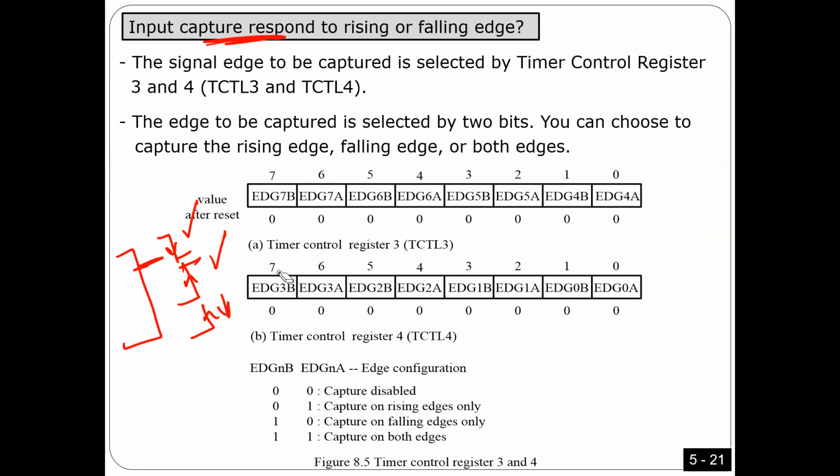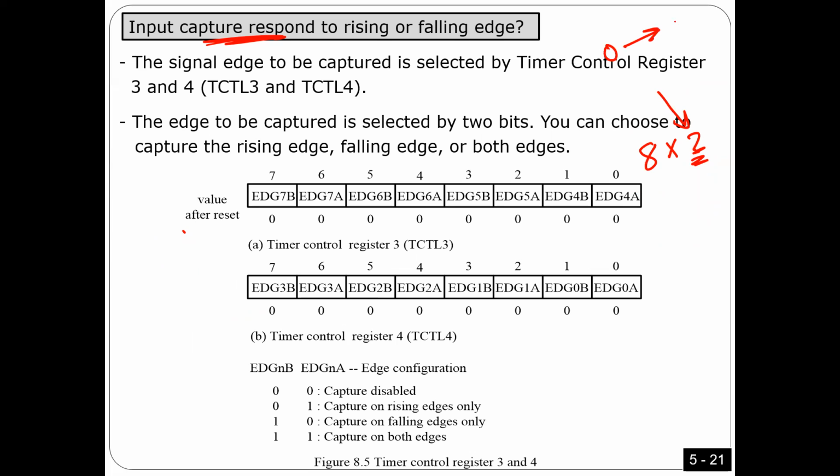So again, let me say it this way: we have 8 channels, and I need 2 bits for every channel, because I have a number from 0 to 3 because I have 4 selections. You remember in IRQ, I needed only 1 bit because I had 2 selections. But anyway, in total now I need 16 bits. That's why I'm not going to use 1 register. I'm going to use 2 registers, as you will see right now.